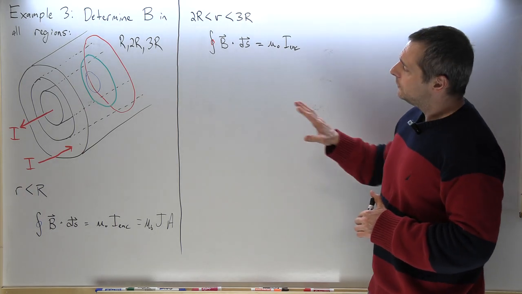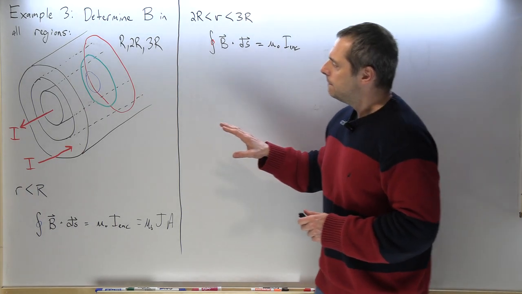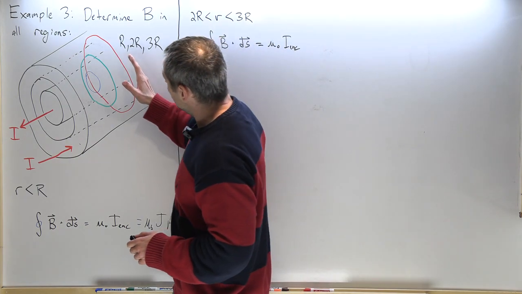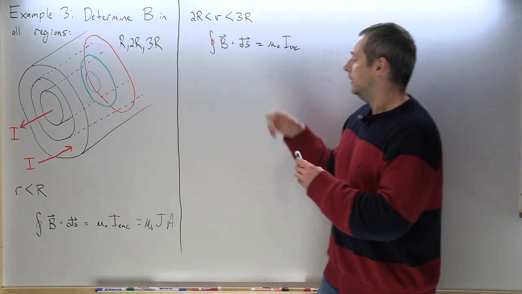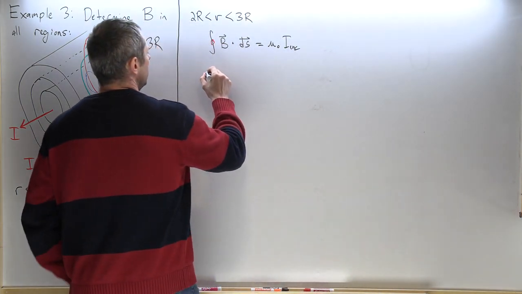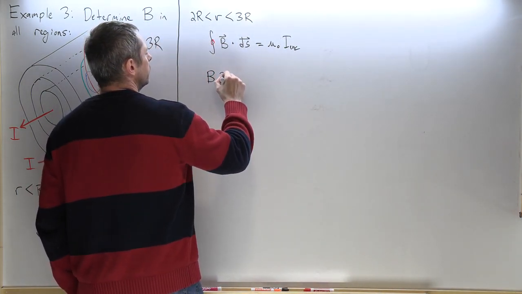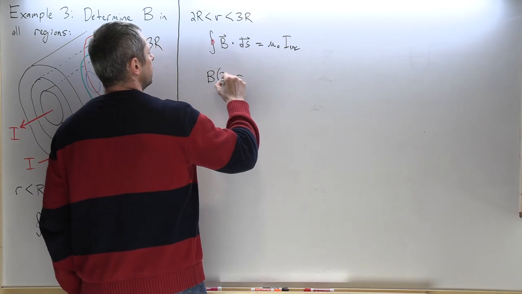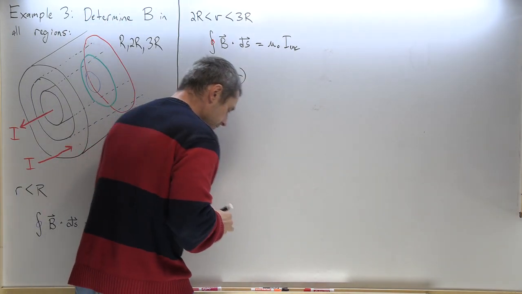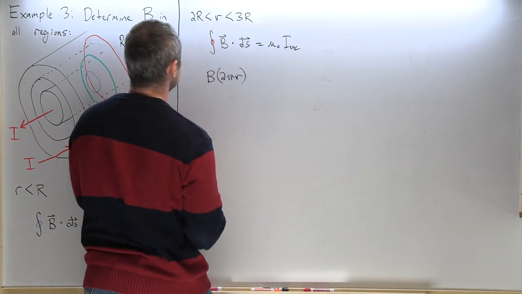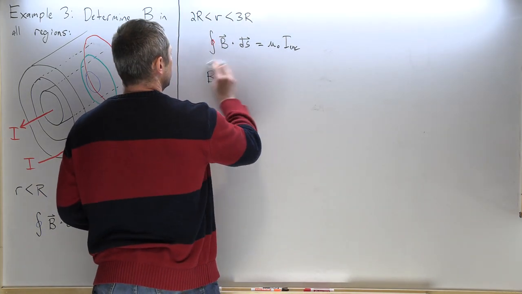All right, so the left side, once again, we know the magnetic field will lie along a circle, and it'll be constant along that circle. So the left side just is B times the circumference, or 2 pi r. You know, I should lower this a little bit because I'm going to have some fractions here.